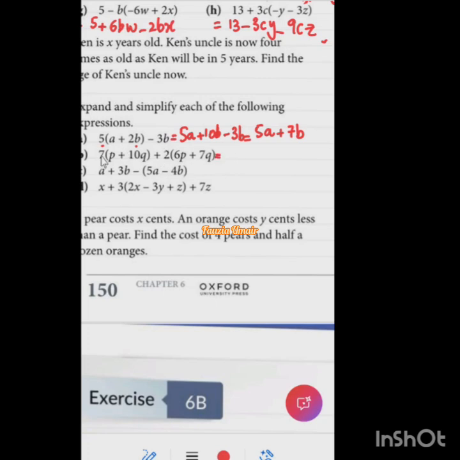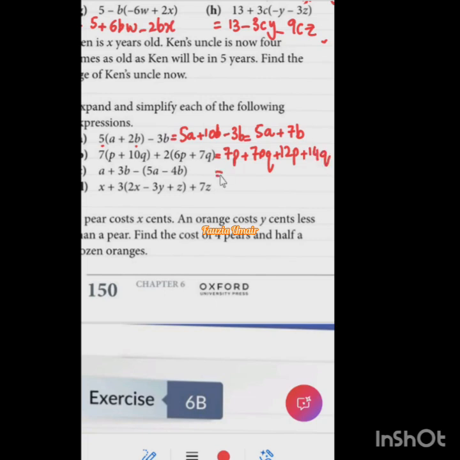Now here there are two brackets, so you can expand first. What will be the first? 7p plus 70q, and then a plus sign in the middle, 12p, and lastly plus 14q. Very good.